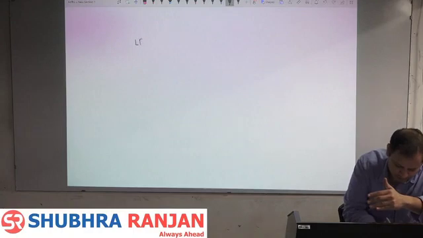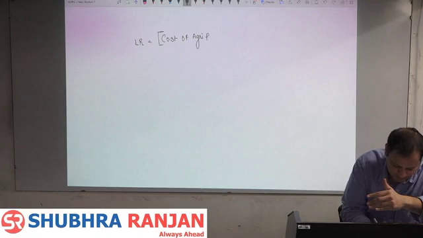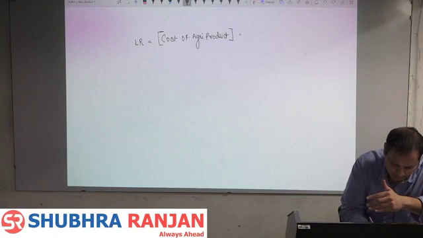And therefore, locational rent is equal to cost of agricultural product, write it in the form of equation, plus cost of production.